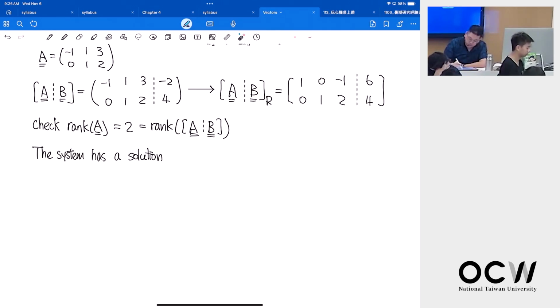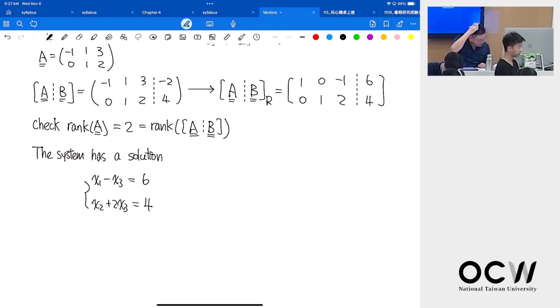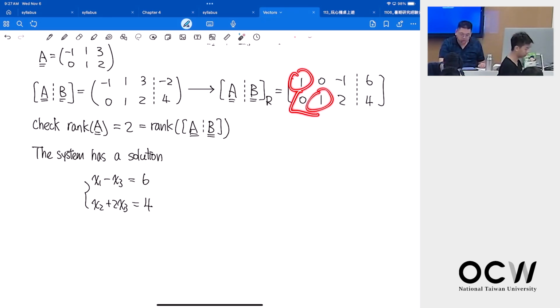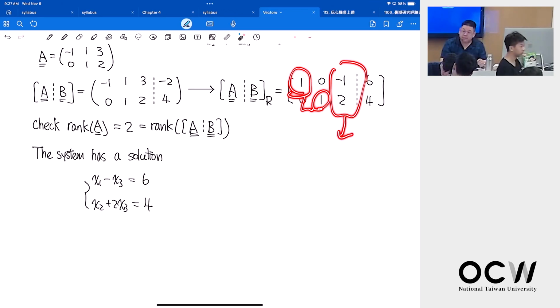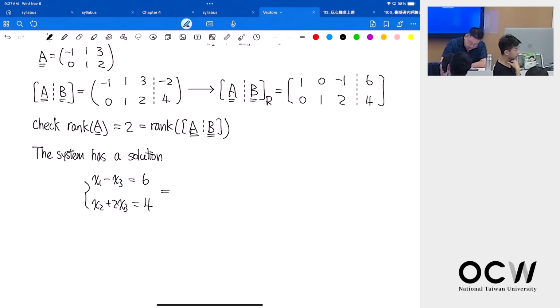According to this reduced matrix, x1 minus x3 equals 6, and x2 plus 2x3 equals 4. And remember that if I have a leading entry, those two variables are dependent variables. The rest will be the independent variable. So we can express x1 and x2 in terms of x3.